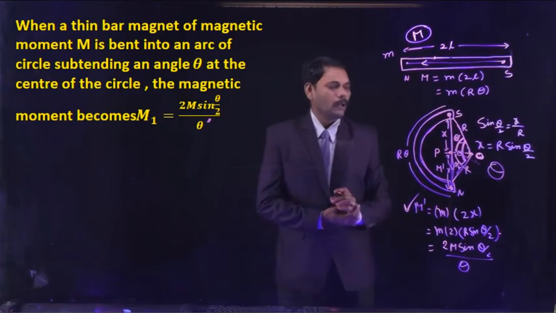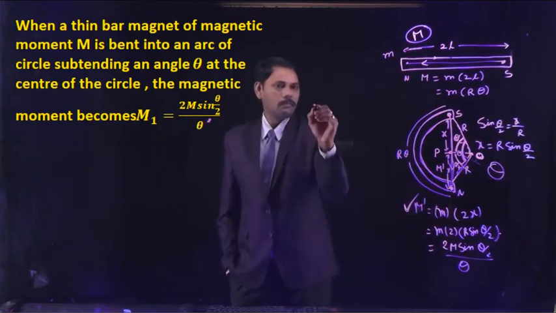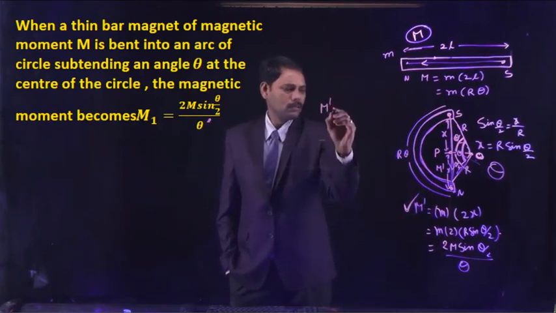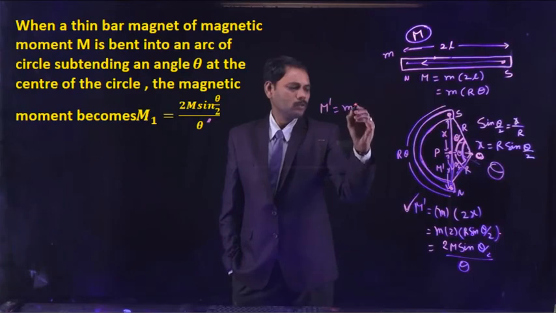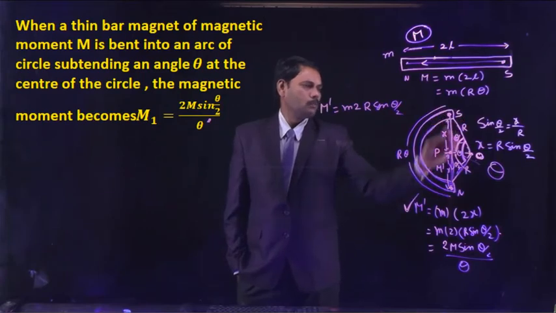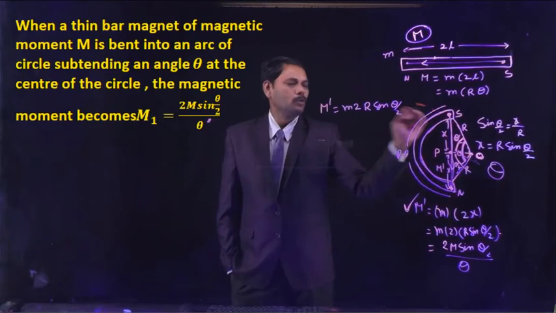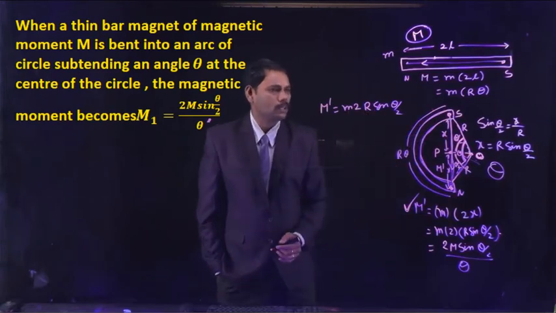Therefore, we have this formula: m dash is equal to m into 2 into r sin theta by 2. Because magnetic moment is the pole strength into the distance between the two poles, so 2x is 2r sin theta by 2.